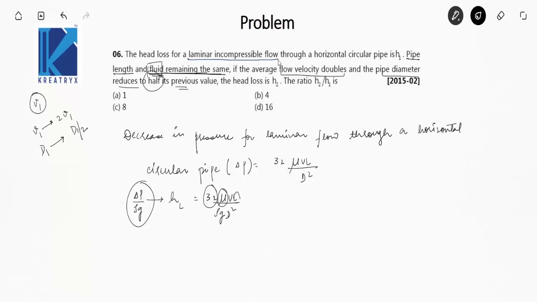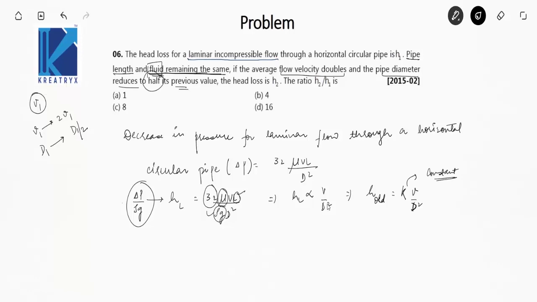Pipe length remains the same, rho G remains the same. So can I say that head loss is proportional to V by D square? That implies H old, in the first case, is K V by D square, where K is a constant I have assumed.